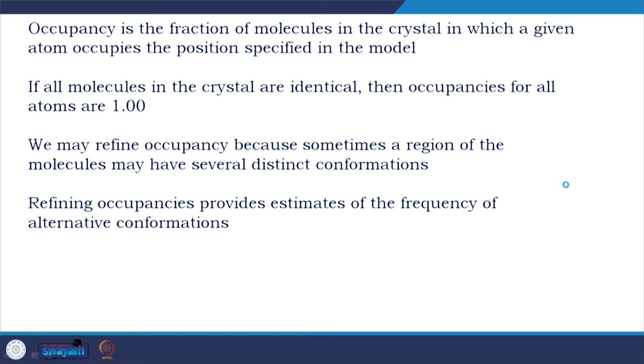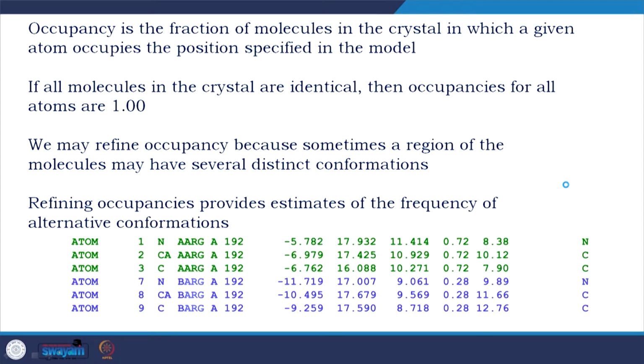Refining occupancies provides an estimate of the frequency of alternative conformations. Before showing this data, I want to tell you one thing. We are discussing structural biology techniques, but yet I have to introduce you to the PDB.